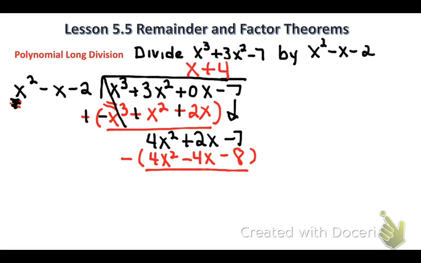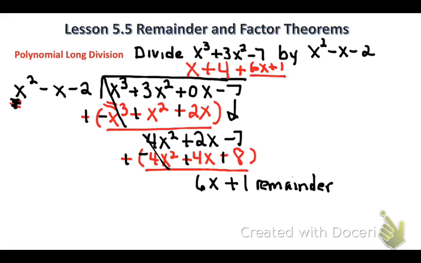Again, we subtract. I'm going to change my signs, add the opposite, cancels 6x plus 1, and this is my remainder. The remainder will be written over the divisor, so 6x plus 1 over x squared minus x minus 2.